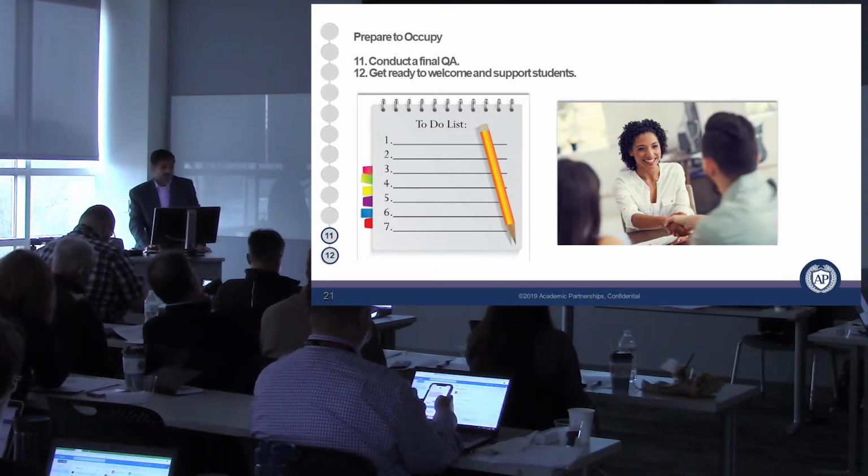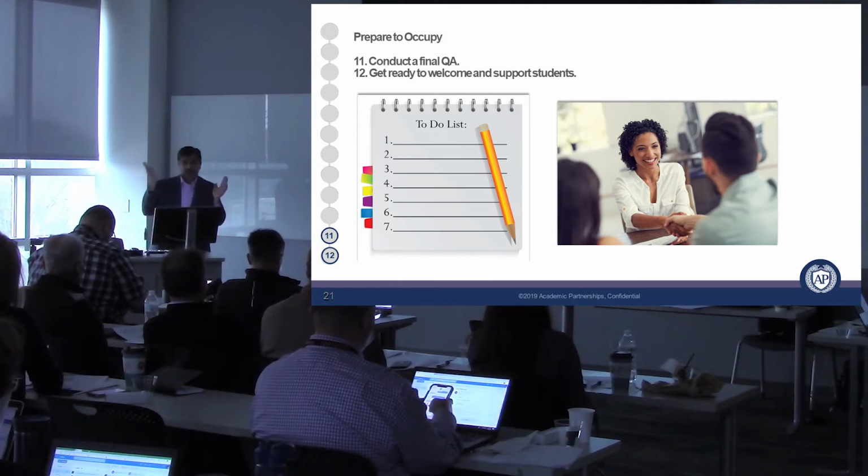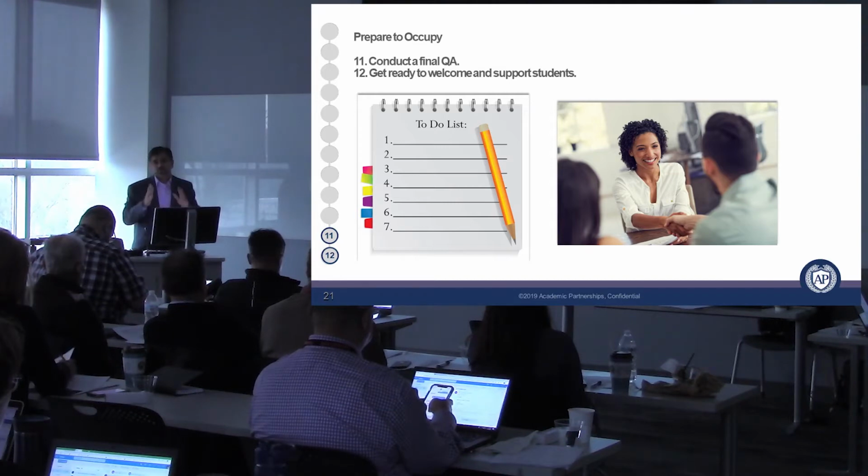And then the QA, you get the QA about 2 weeks before the course starts. So you have 2 to 3 weeks time frame to refine based on the quality review, and then get ready.